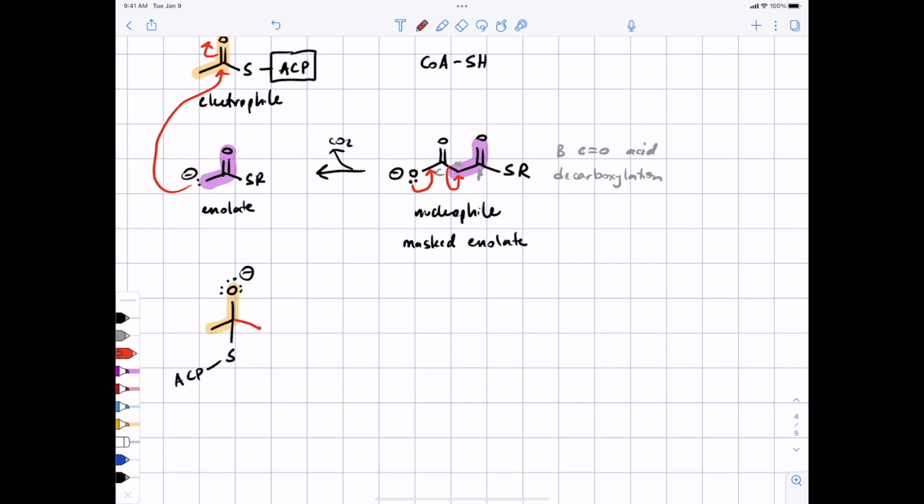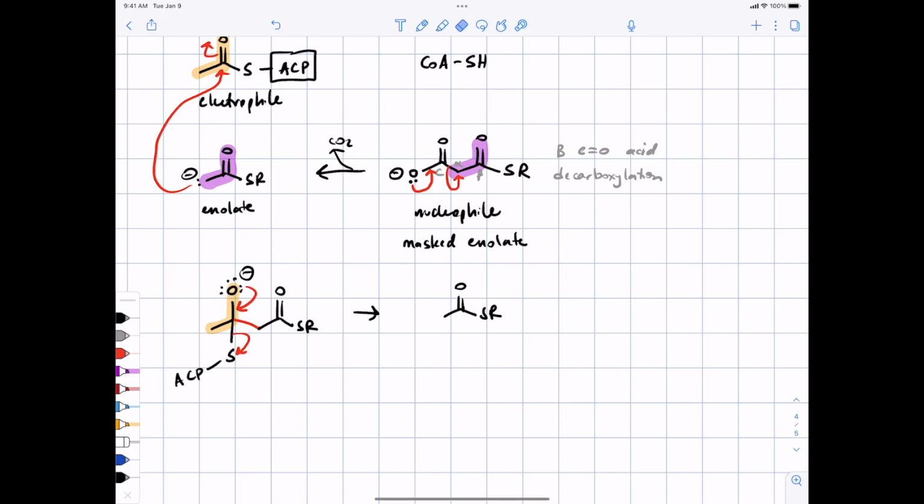Make a new bond between the alpha carbon of your enolate and the carbonyl carbon of your electrophile. Then electrons kick down and kick off the leaving group, which is that thiol from the acyl carrier protein. And now you've taken something that had 2 carbons and you've elongated it by another 2 carbons.